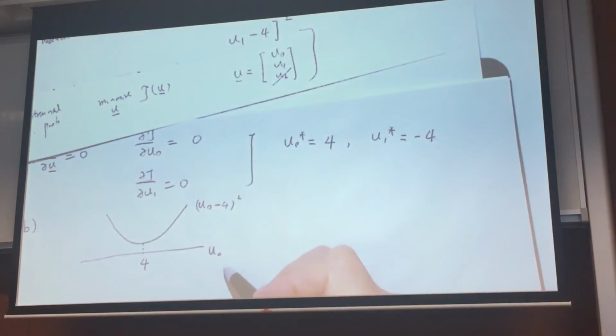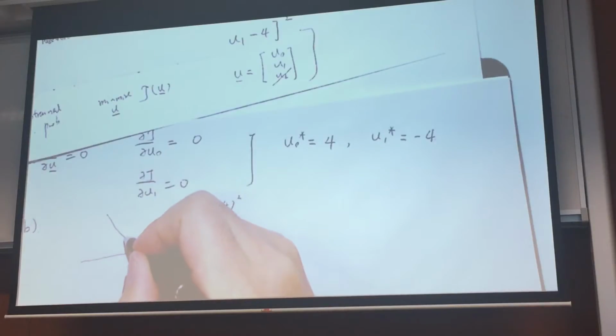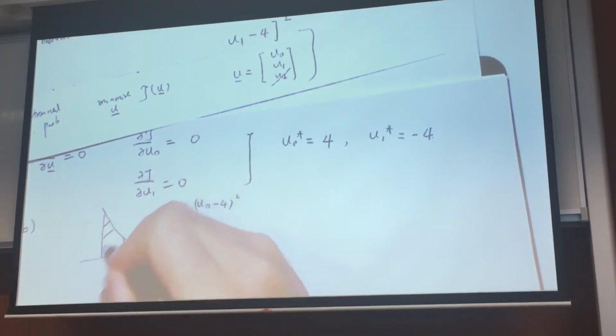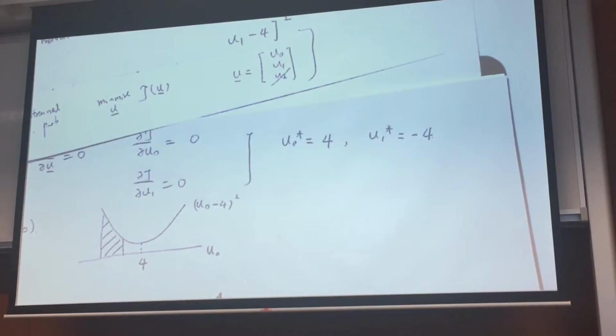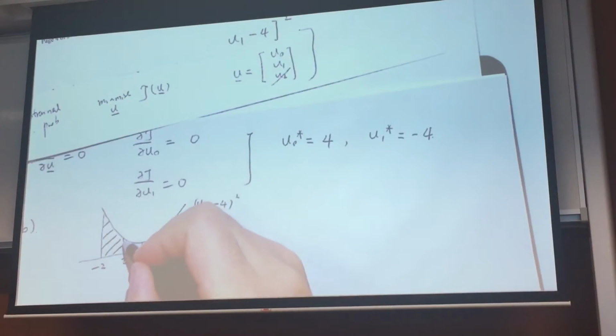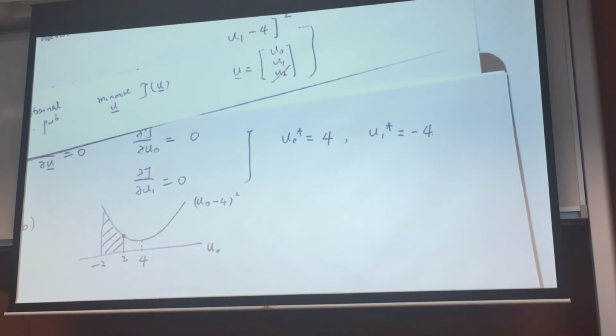But we have the actuator constraint, which is at here. It requires u0 to be between -2 and 2. So in this case, we know the minimizing point is actually given by this point.